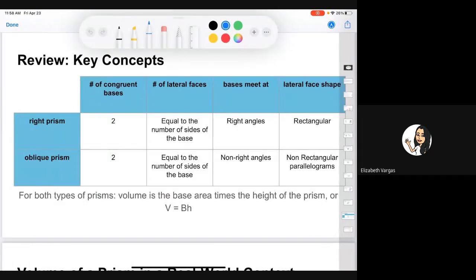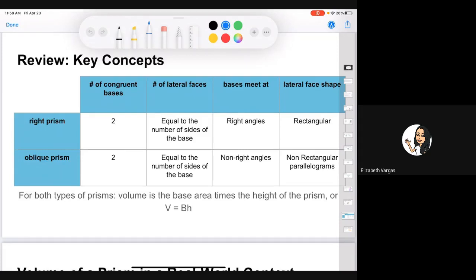So here's just information about the right prism versus an oblique prism. For a right and oblique prism, both of your bases are going to be congruent to each other. Keep that in mind. The number of lateral faces will be equal to the number of sides for both of them. However, in a right prism, your bases will meet at right angles. We saw that our base with our lateral faces meet at right angles.